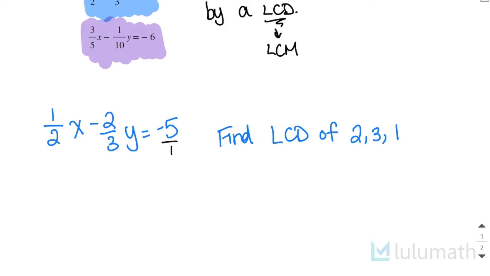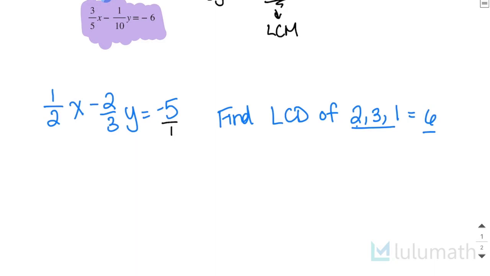I'm trying to find the smallest multiple in common of 2 and 3, and that is going to be 6, because multiples of 2 would be 2, 4, 6, 8, and multiples of 3 would be 3, 6, 9, 12. So 6 is the smallest common multiple or smallest common denominator.